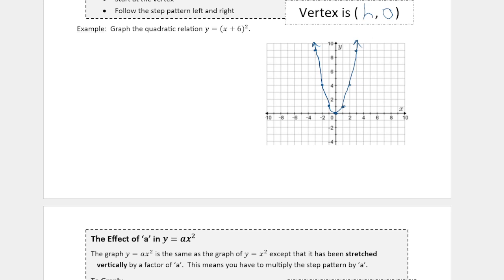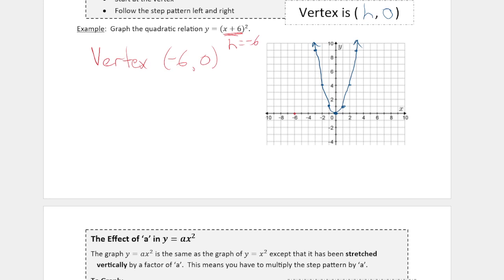And then for this one, our vertex is going to be 0 for the y, because we only have the horizontal translation. But it's x plus 6, so that means h is negative 6. It's the opposite of the sign. So our vertex is (-6, 0), which is way over here.